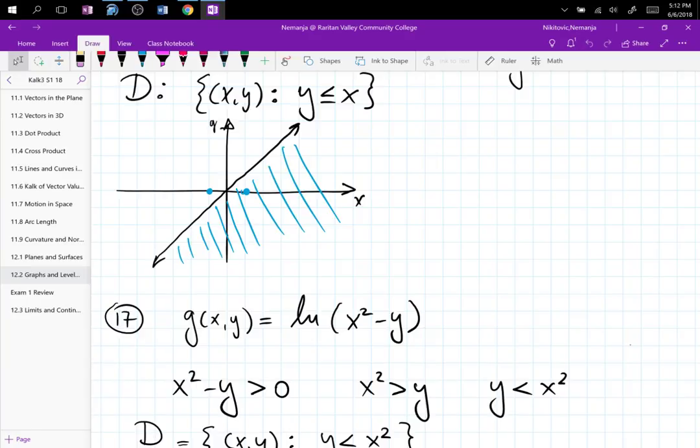Now, there is this edge, a separation between the realm of the domain and the other realm that contains the rest of the stuff that is not in the domain.